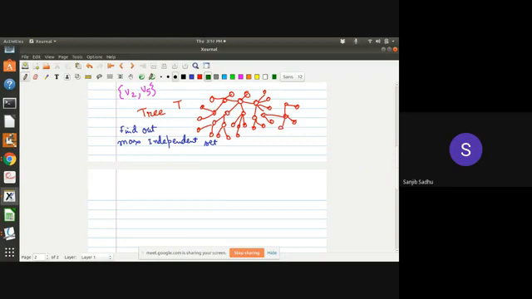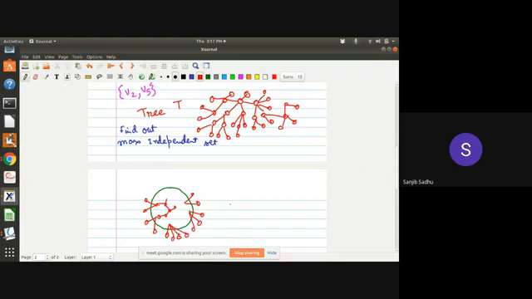So what I will do, I am drawing here. Suppose I am partitioning the tree into two sets, where these are the leaf nodes, and there are so many others. I am not drawing it completely.